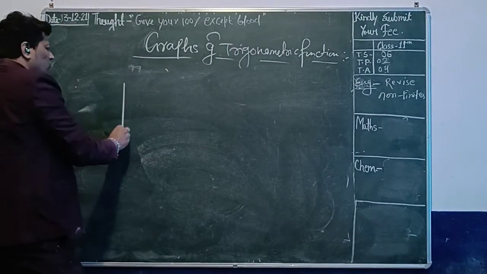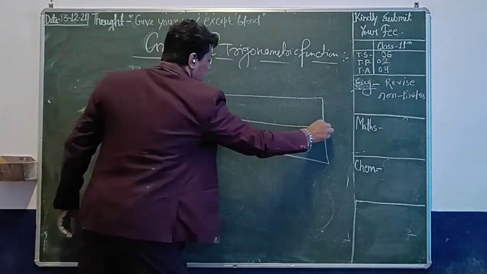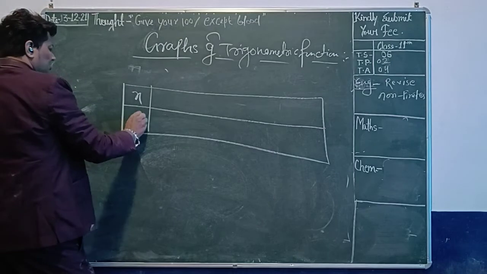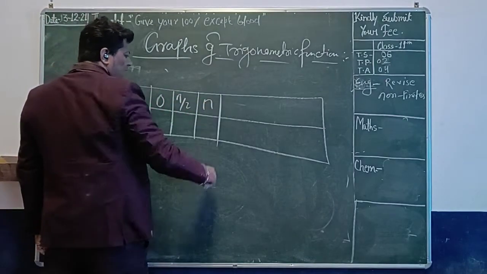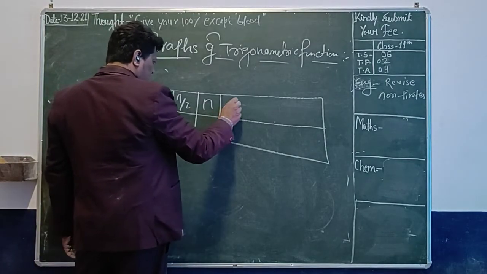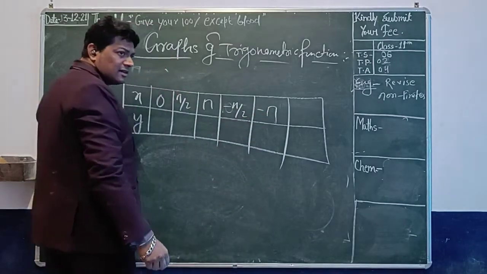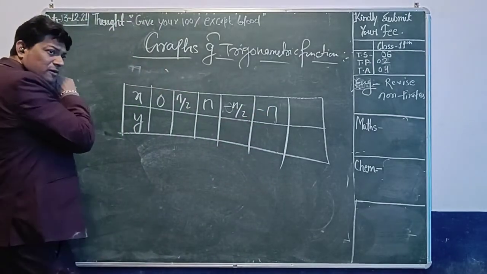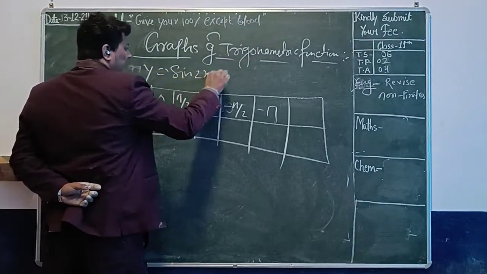In the same way, if you want to draw the curve, here we take this one as x and this one as y. At 0, and at minus pi by 2, the function is y equal to sin 2x.